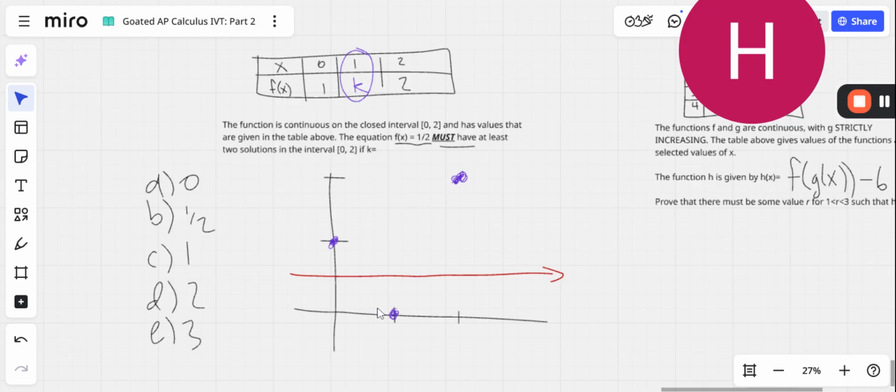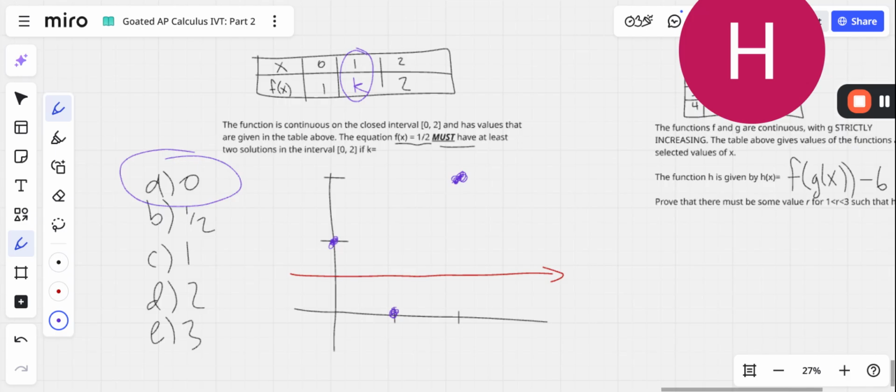B says 1/2. If I move this thing exactly on the 1/2, I only need to cross once. So that one only has one solution for f of x equals 1/2. And of course, if I have the y values any higher than that, especially up at 3, I think it's clear that this would not have to cross twice. So really, we're trying to find what value of k would force the graph to cross the 1/2 line twice.